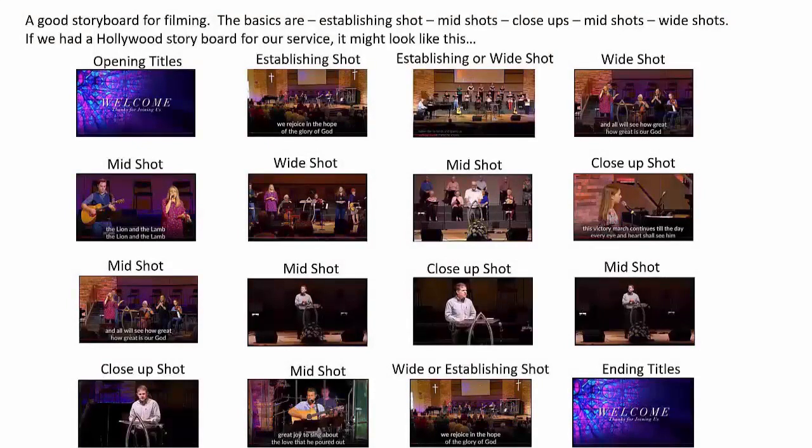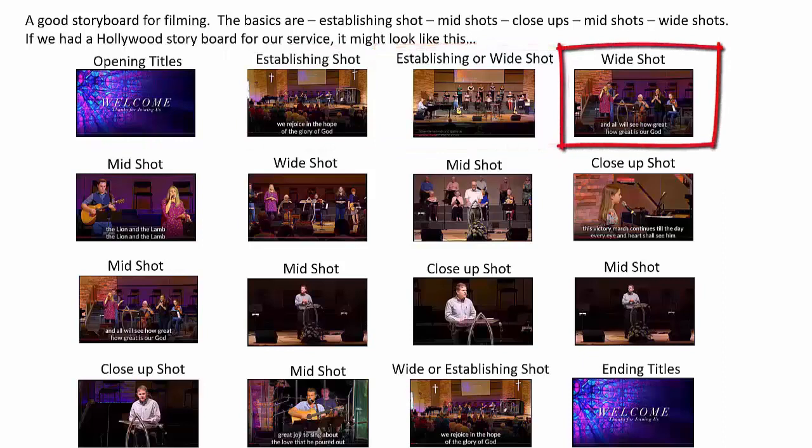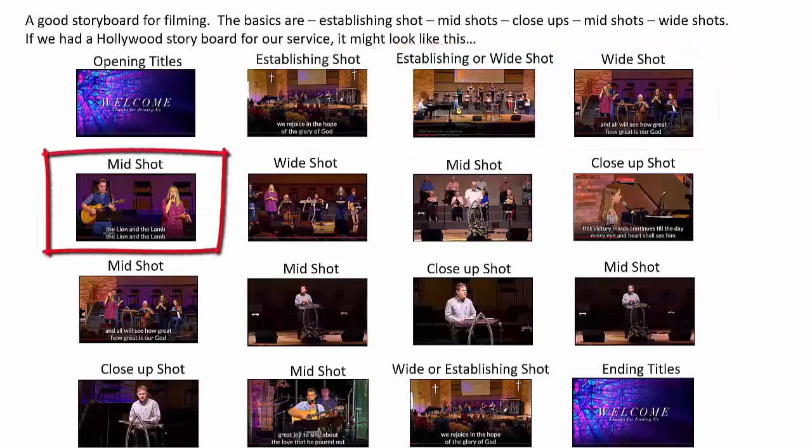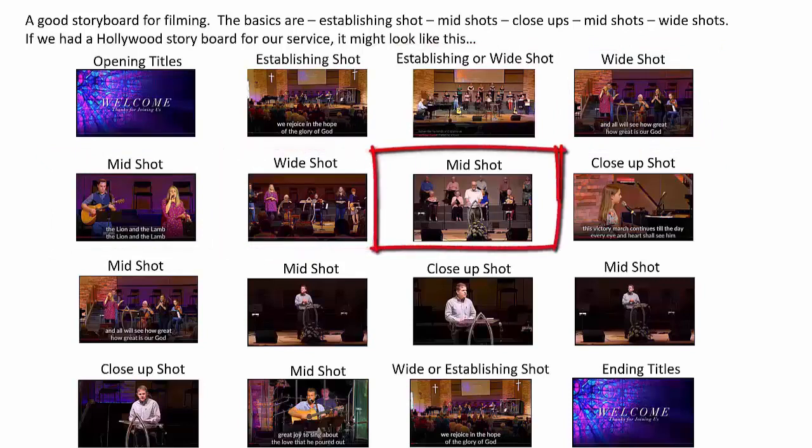We'd start with opening titles, then an establishing shot, an establishing or wide shot, and then move to a wide shot. From there, we would go to a mid shot, then to another wide shot, mid shot.